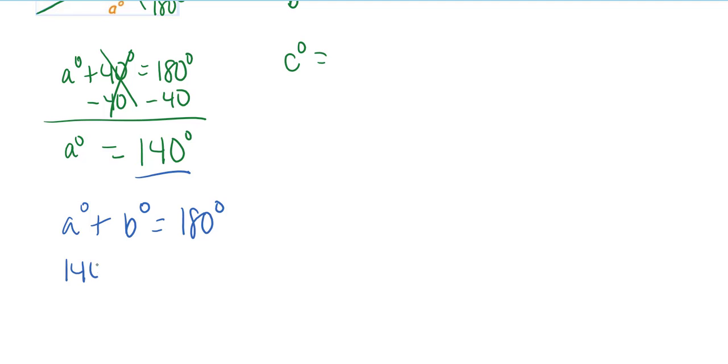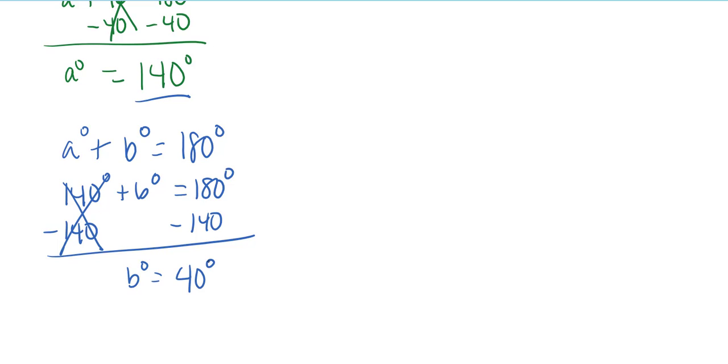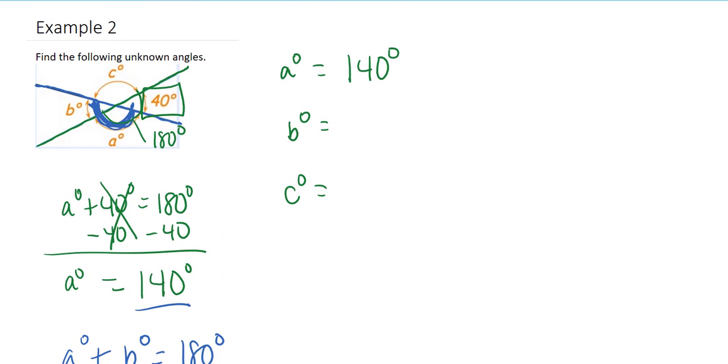So 140 plus angle B is equal to 180. To get B by itself, we subtract 140 on both sides. And what do we get? We get angle B on the left-hand side by itself. 180 minus 140 is 40 degrees. So now we know what B is. It's 40 degrees.